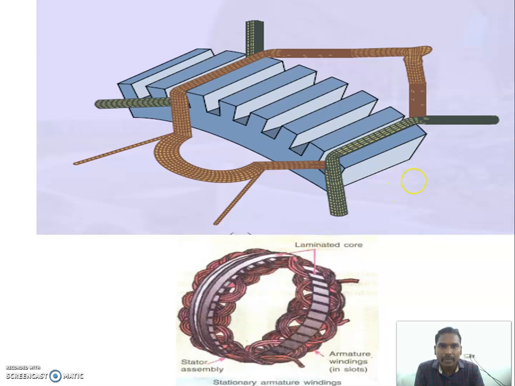You can see this is the teeth portion of the machine. In between the teeth portion we have some small ducts, and that is the slot portion. In the slot portion only we fix the armature winding.